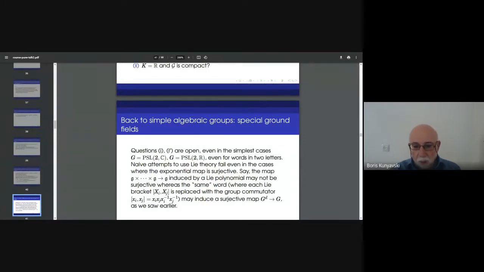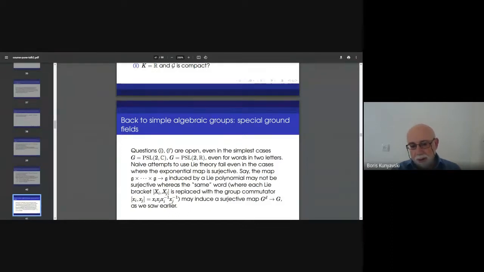So informally, why do we see such a phenomenon? It's a little bit strange at a glance because, well, in Lie theory, we know that this should work.